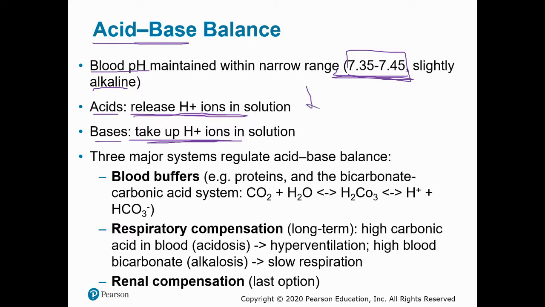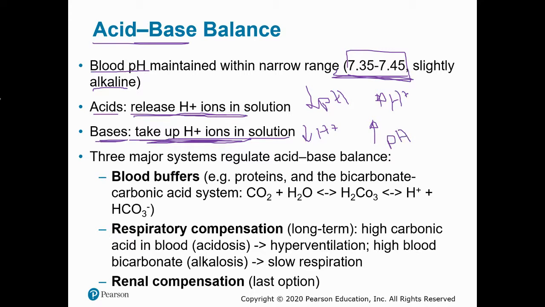So we're going to see a low pH, but a high concentration of hydrogen ions. Bases are the opposite. Bases actually take hydrogen ions out of solution. So we're going to see a decrease in hydrogen ions floating around, and that means that pH goes up.